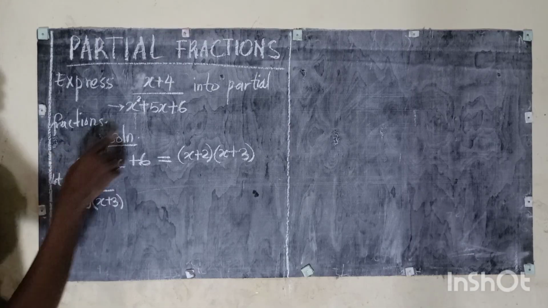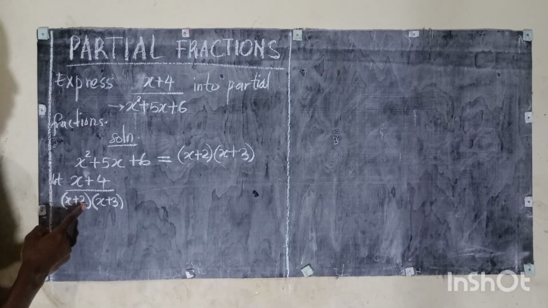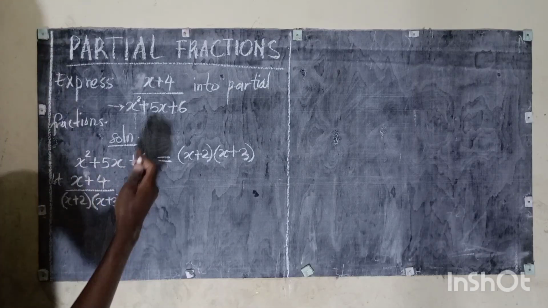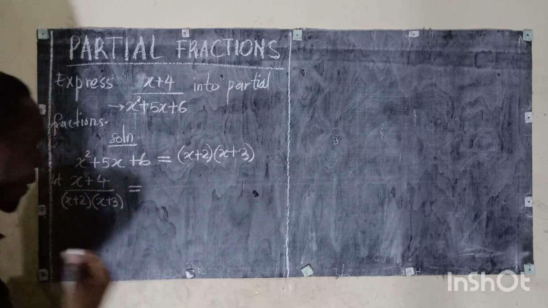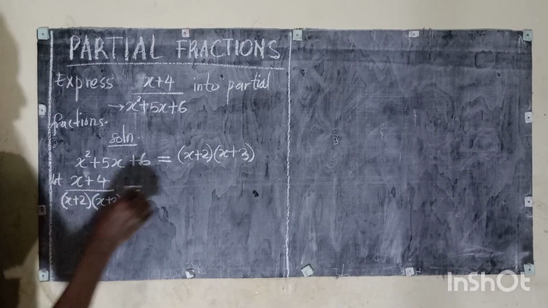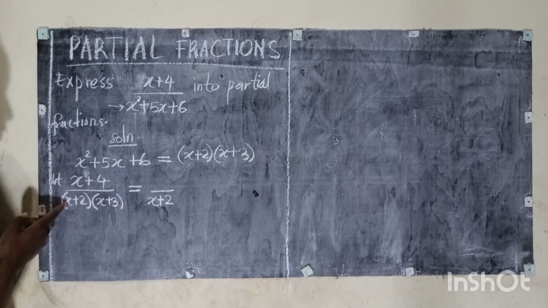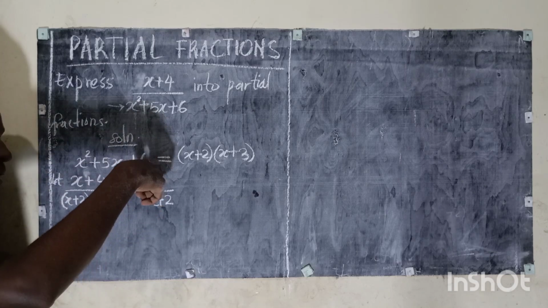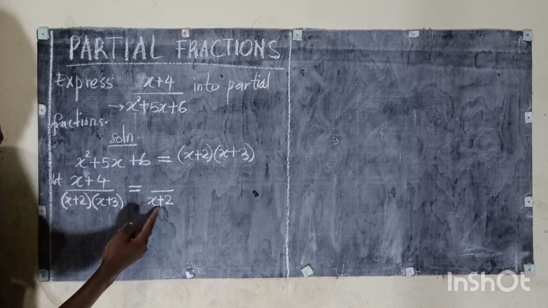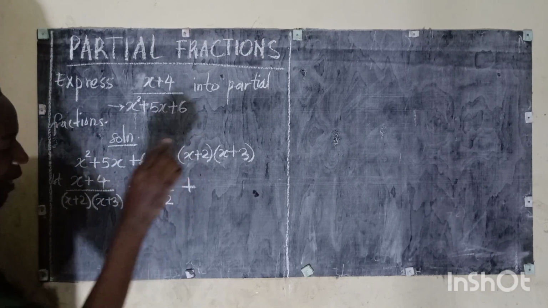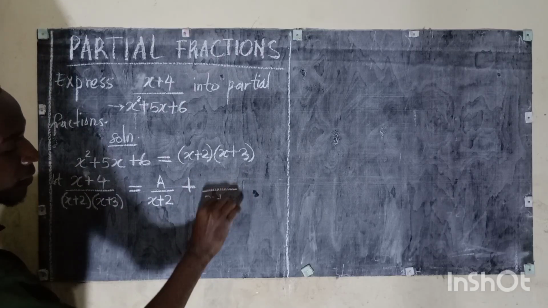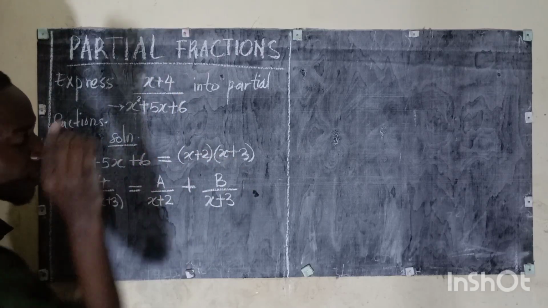So we shall let the whole of this fraction be equal to the different parts which we are to find. For each factor in our denominator, we shall let something up there. If this is a linear factor, we shall let a constant, plus, this is also a linear factor, x plus 3, we shall let another constant.